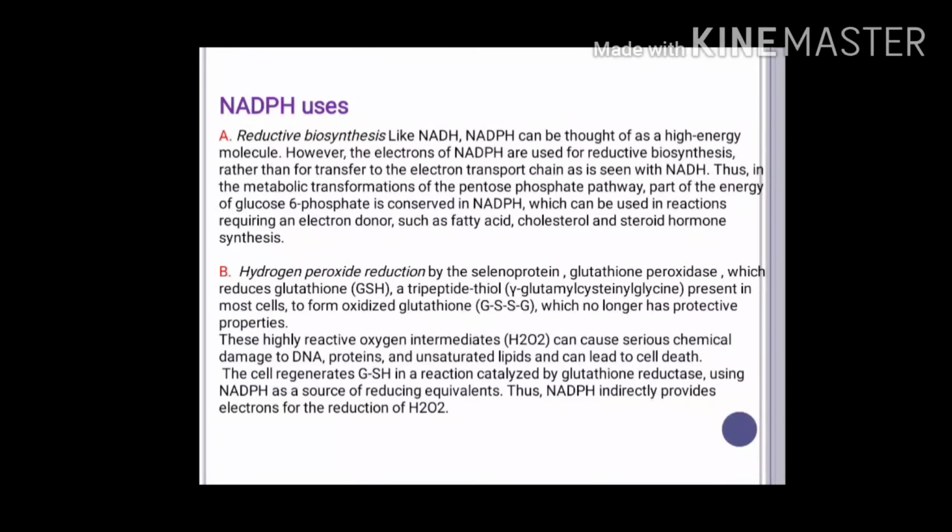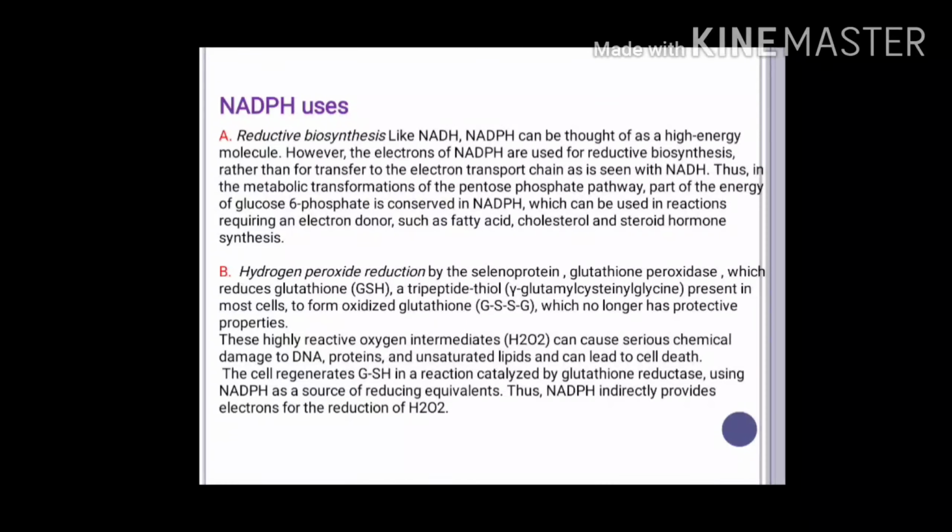Reduced glutathione is GSH, that means the reduced form. When it forms oxidized glutathione, it is GSSG. And this happens when it works as a reducing agent to reduce hydrogen peroxide to water. But this oxidized glutathione that is formed is of no use because it has lost its protective property.